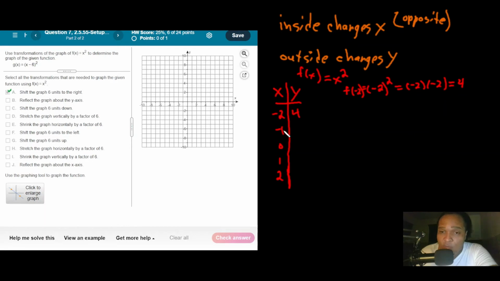We're going to do the same thing with -1. Before we do that, I do not want you to say this is -1 squared with no parentheses, because that is going to give you a completely different answer. That would be -1.